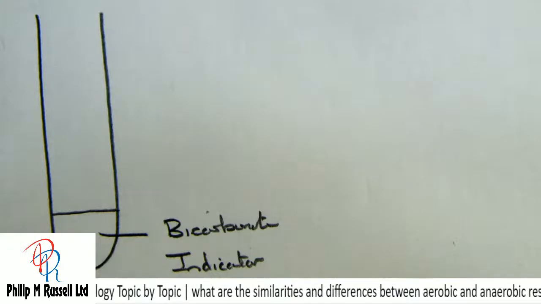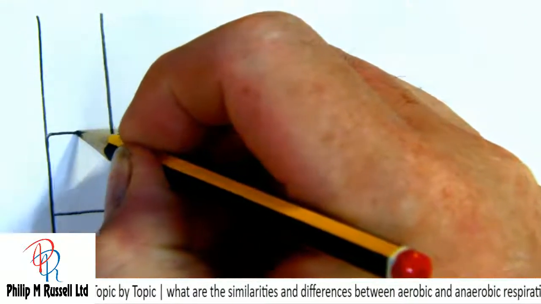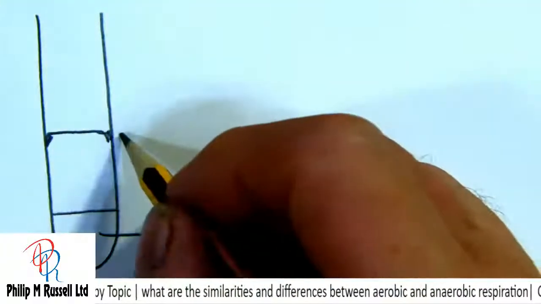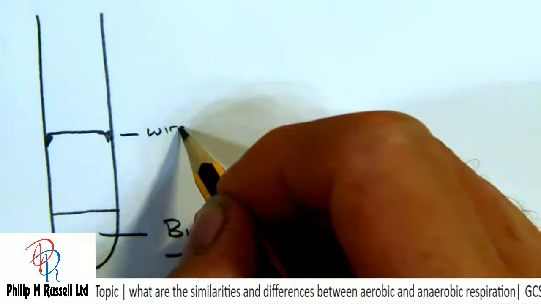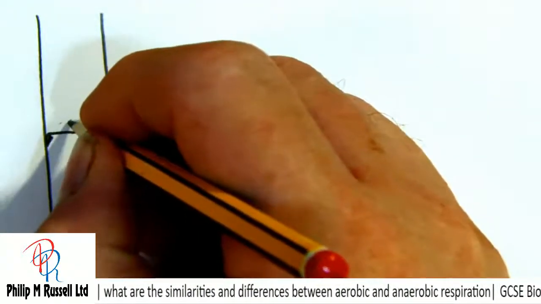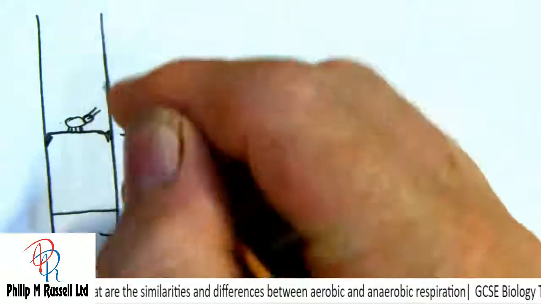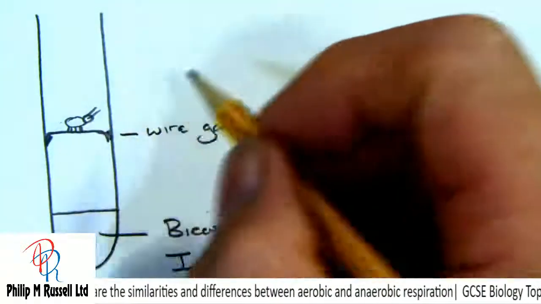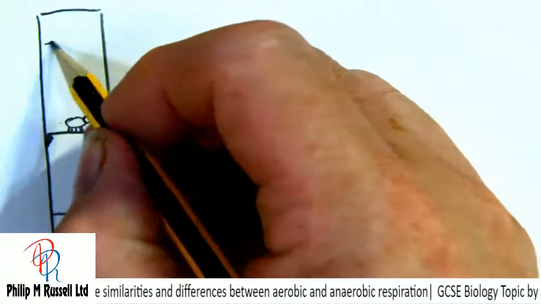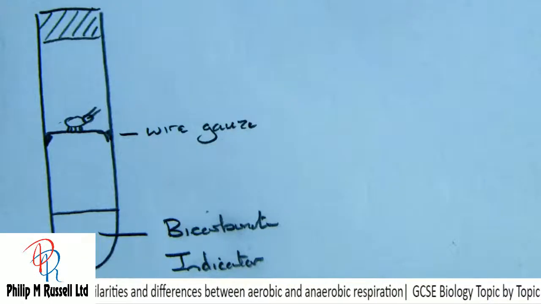So what we can sometimes do is take a piece of wire gauze and we might be able to put some sort of insect there, and then we could stopper the bottle for a little while.